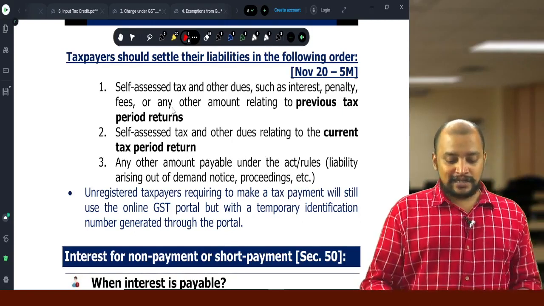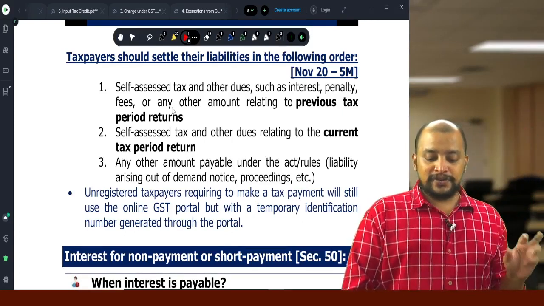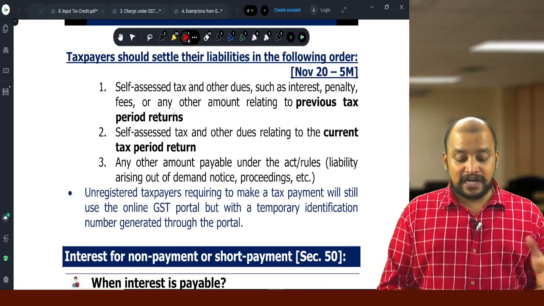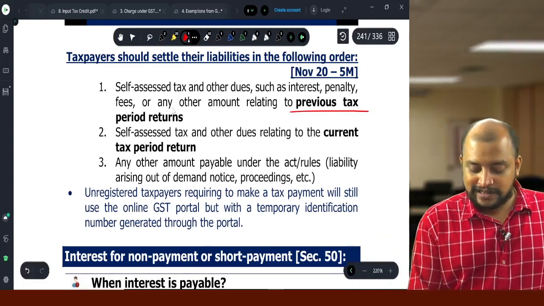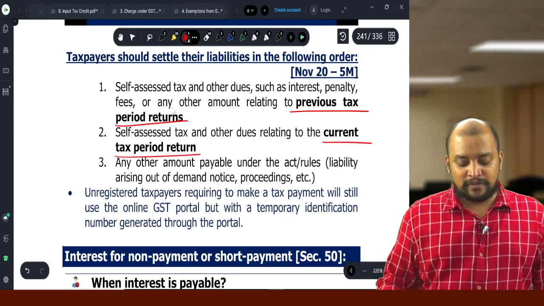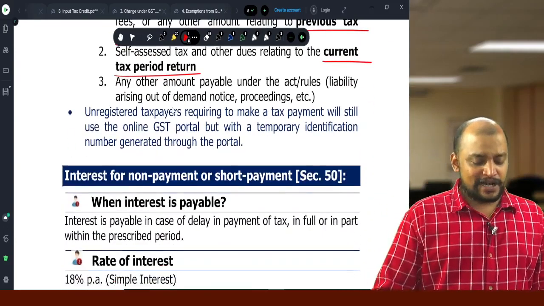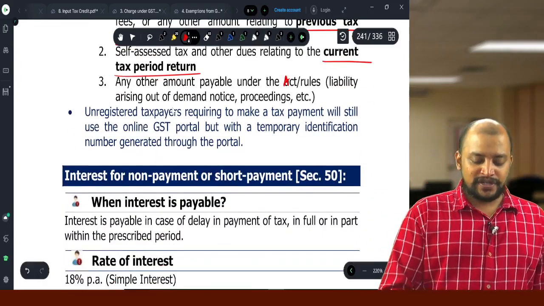So that is third. See this: self-assessed tax and other dues such as interest, penalty, fee or any other amount relating to previous tax period returns. Then current tax period return. Then any other amount payable under the Act or rules, that is, liability arising on account of demand notice, proceedings, etc.